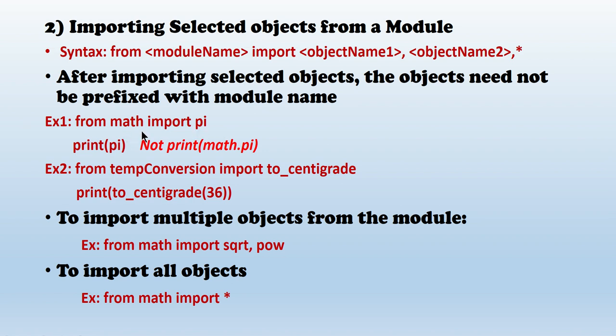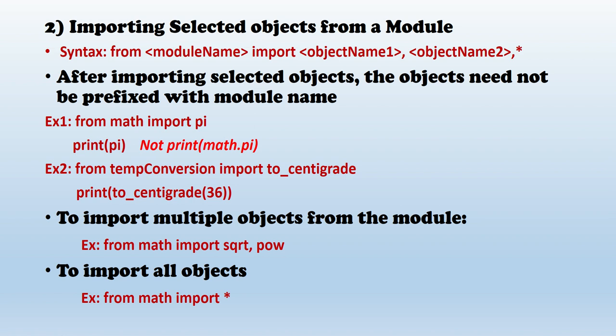To do so, write from, which is a keyword, then the module name math, and then import pi. After writing this statement, to refer to or use a particular object, it is enough to write only the name, no need for dot notation. That is the main difference between the previous method and this notation.